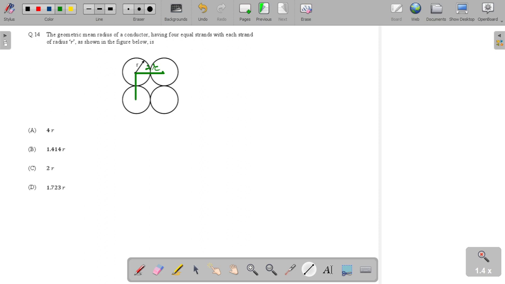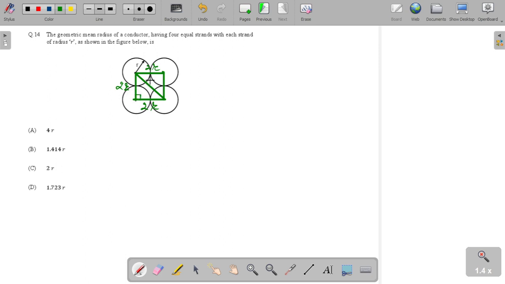So here also the distance would become 2r, and from this center the distance will be 2r, 2r, this is also 2r. So this is a right angle triangle.